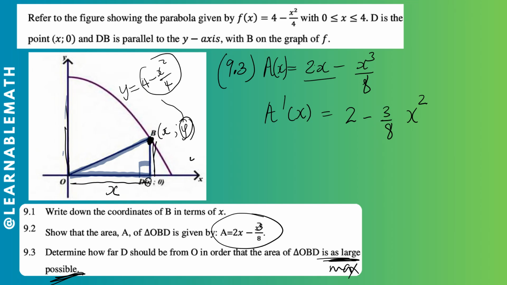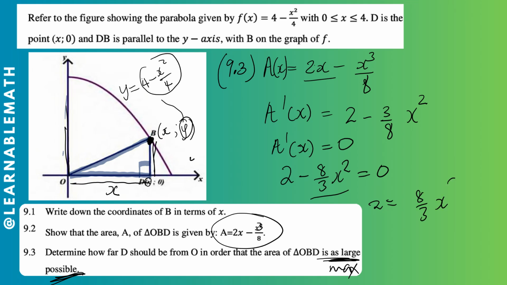Okay, so we're going to equate our first derivative to 0. We have 2 minus 3 over 8 x squared equals 0. Then I can just take this to the other side. So I have 2 equals 3 over 8 x squared. To solve for x, I can divide both sides by 3 over 8 or simply multiply by the reciprocal of this, so it will be 2 times 8 over 3, 3 over 8 times 8 over 3.